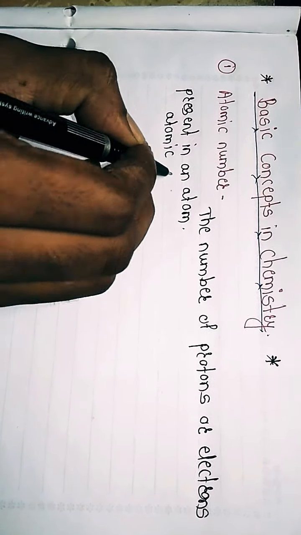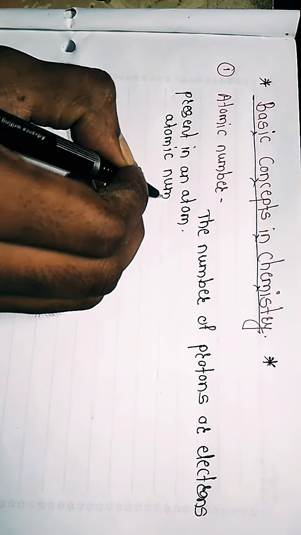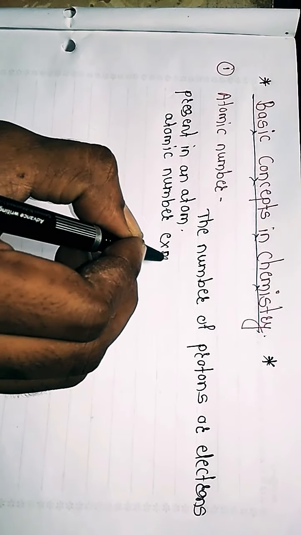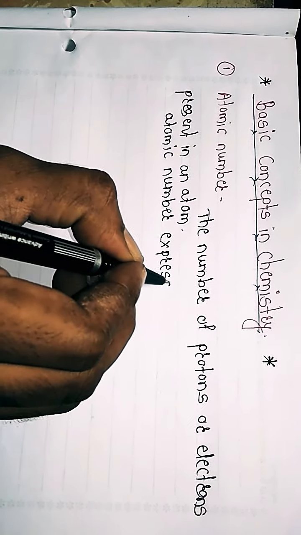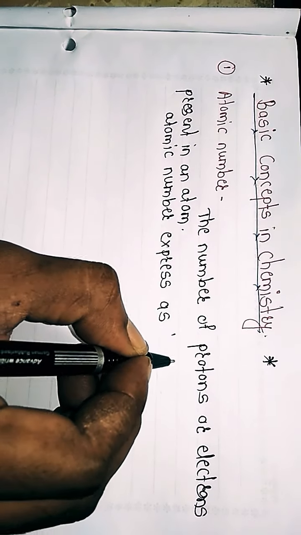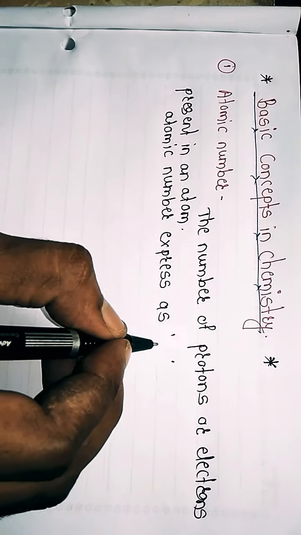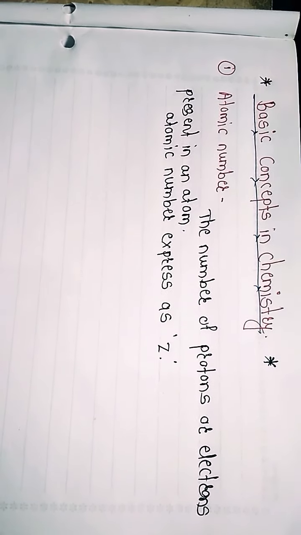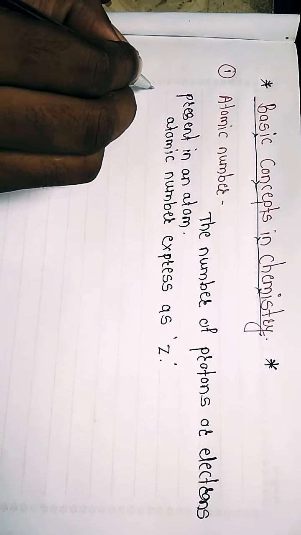Atomic number is expressed as the letter Z. So we are taking an example.